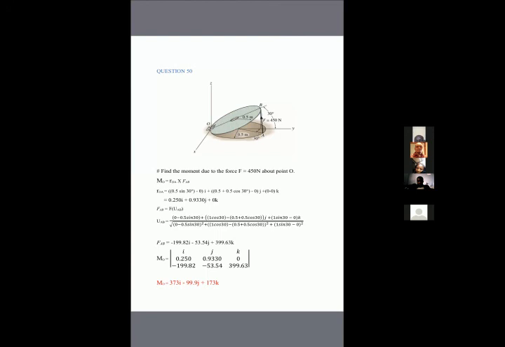It doesn't move anywhere in the Z. So when we divide this vector by the magnitude, we're able to have the unit vector.